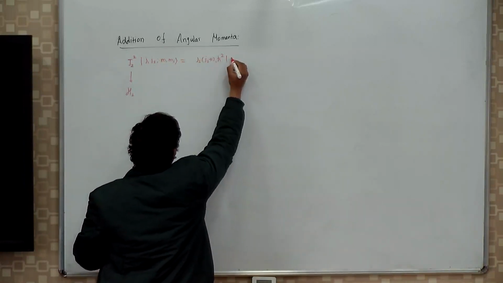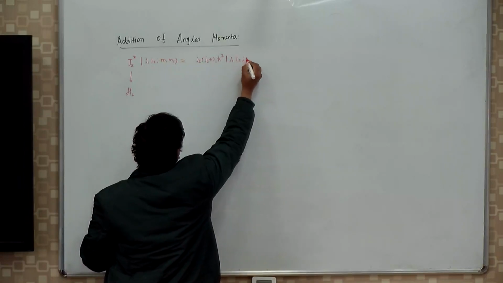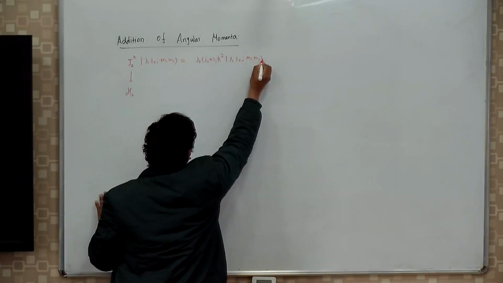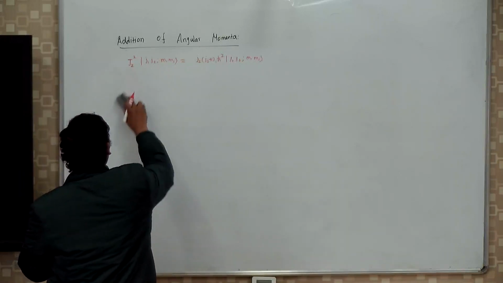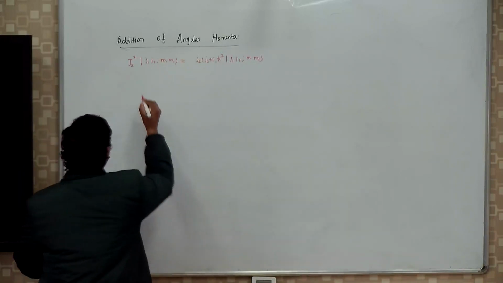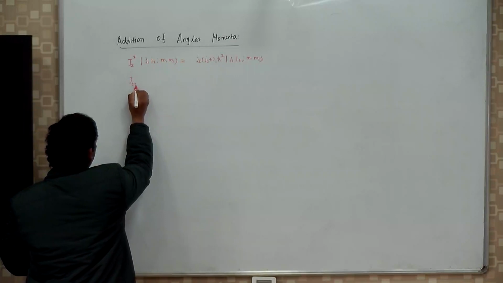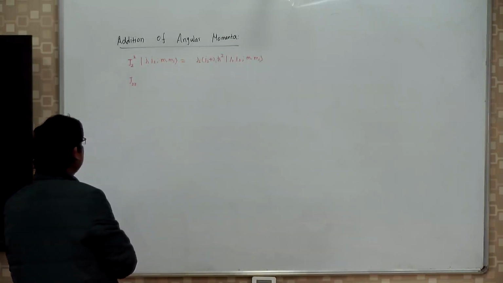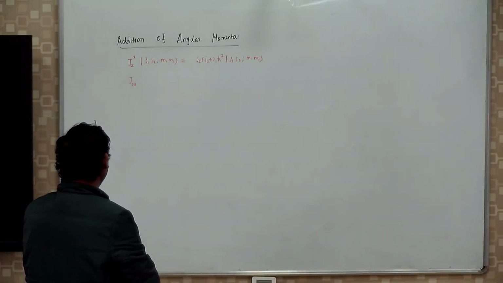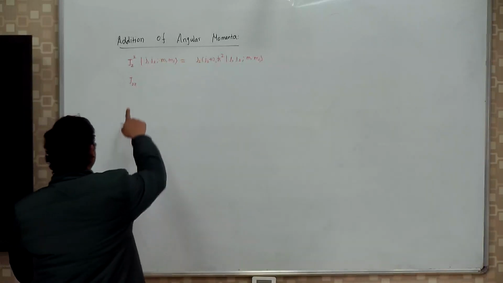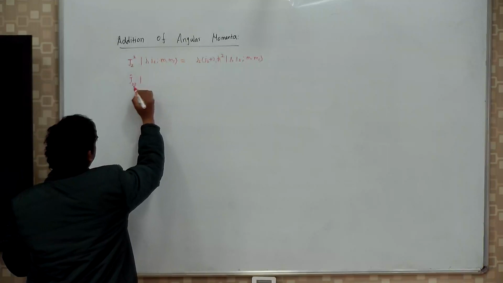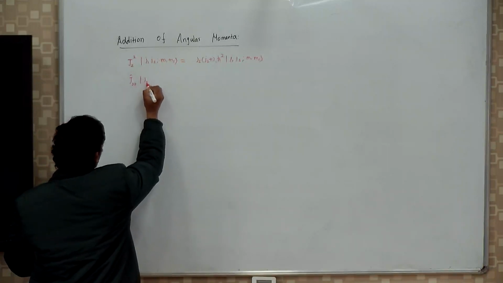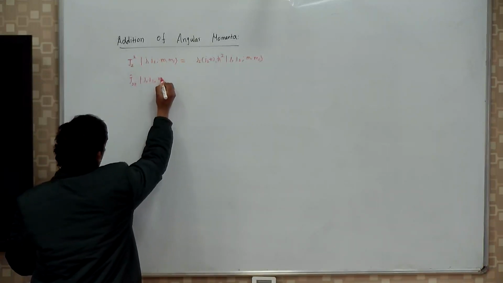Then |J1, J2, M1, M2>. J2Z is the angular momentum along the Z direction for Hilbertian subspace H2, and this operator acts on a state vector.